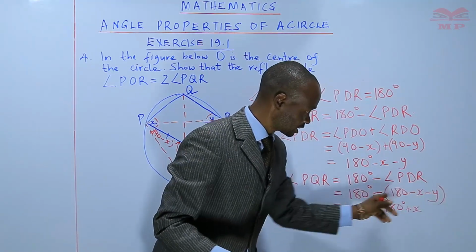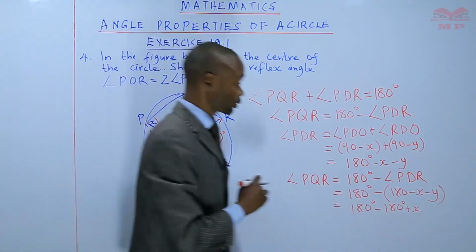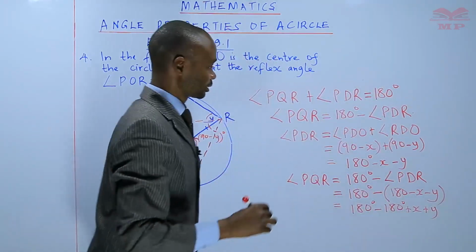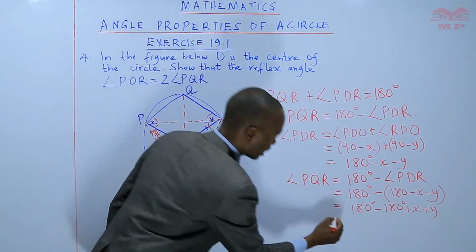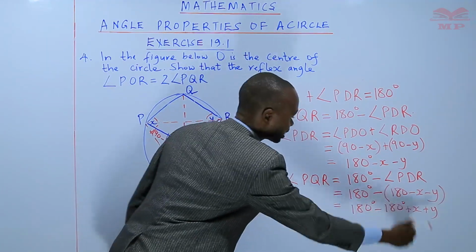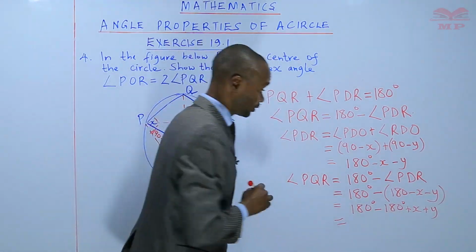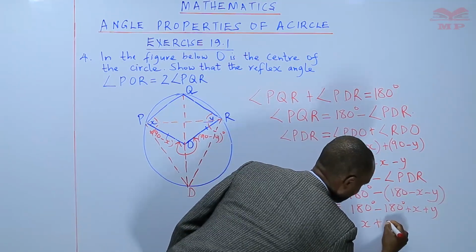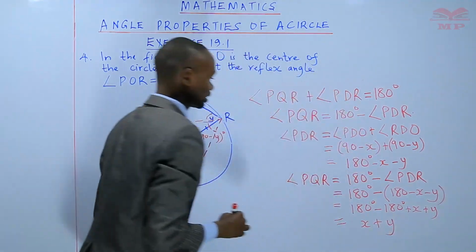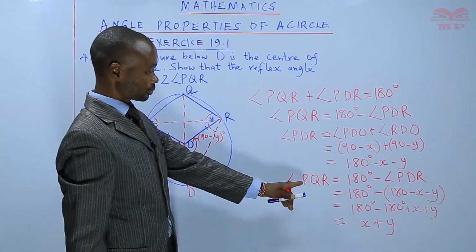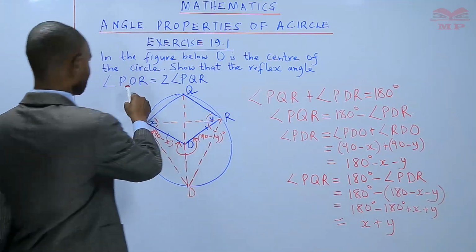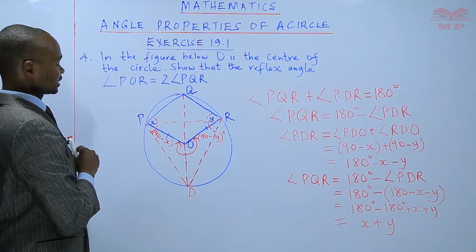Negative times negative becomes a positive. So you get what? Plus y. The final answer will give you 180 minus 180 is 0. So you'll remain with x plus y. That is the value of which angle? PQR.